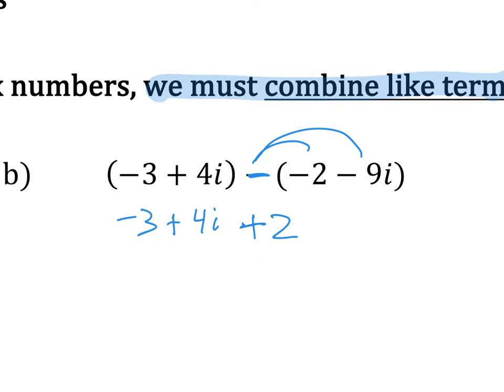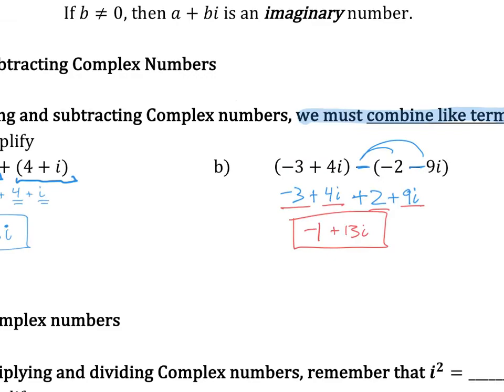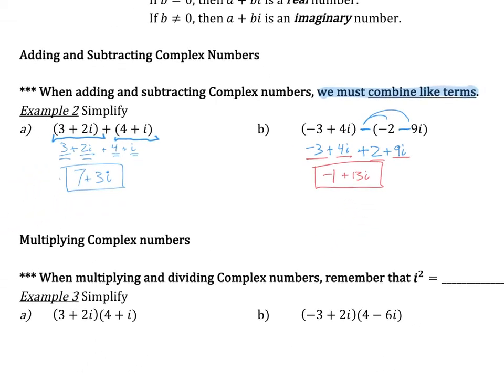And a minus times a minus 9 becomes a positive 9i. Subtracting negative is like adding. That's what's going on. So we have negative 3 and positive 2. That's negative 1. Positive 4 and positive 9i. That is 13i. So we just combine like terms just like we would with a variable.